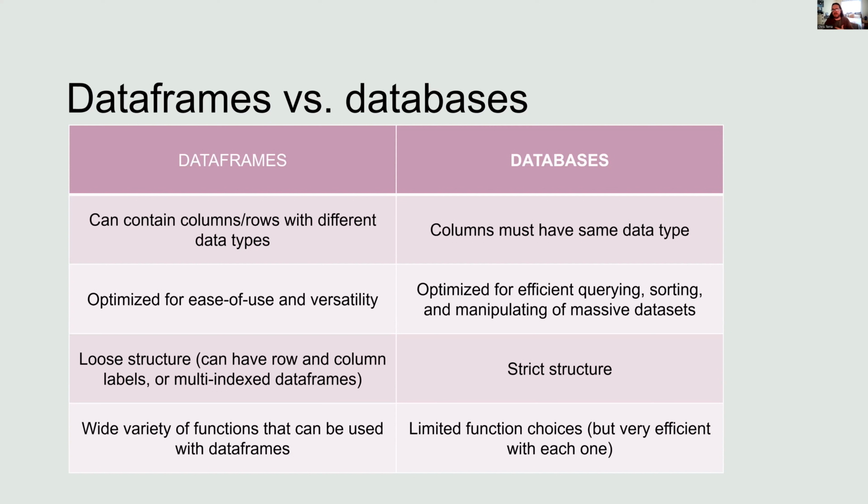Data frames, you can mix and match. You can concatenate, so you can append multiple data frames together, and your column could now have integers, floats, and strings. When you call that column, the data frame will represent it with whatever data type is able to represent all of the rows within that column.